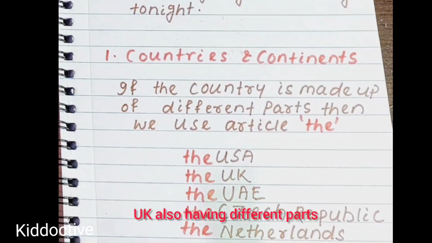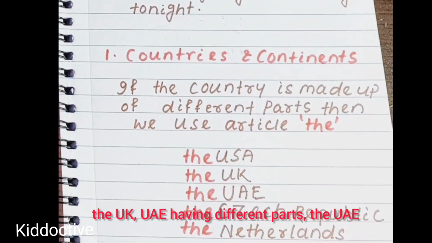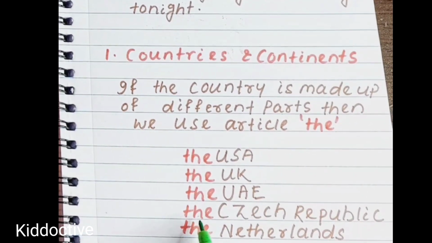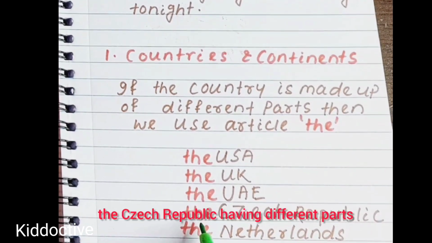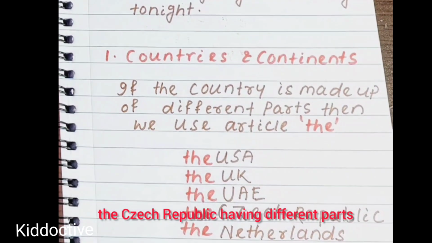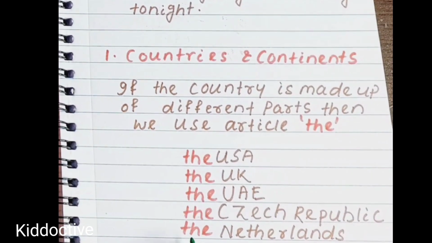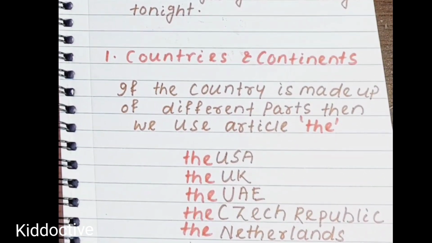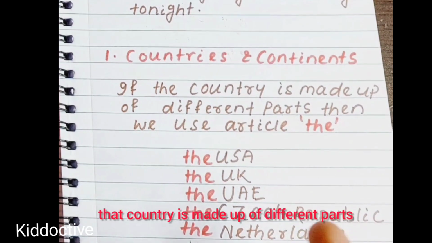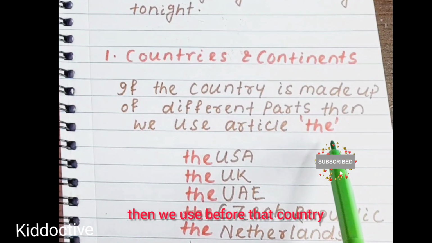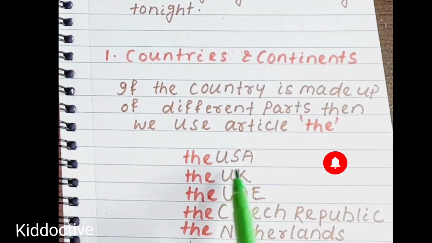The UK also has different parts, the UK, the UAE, the Czech Republic, and the Netherlands. The rule is, if that country is made up of different parts, then we use the before that country.